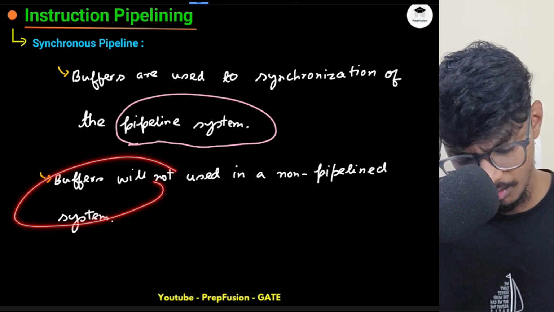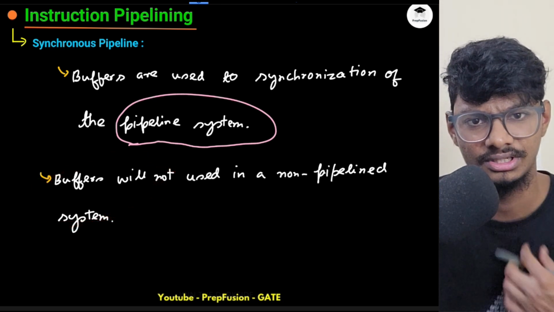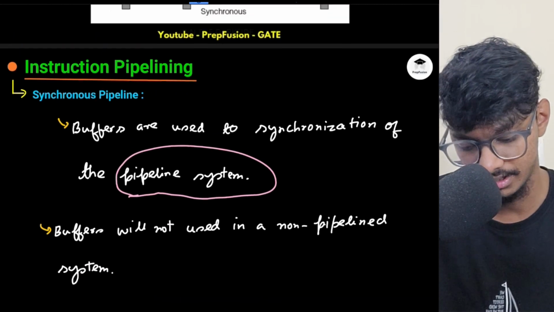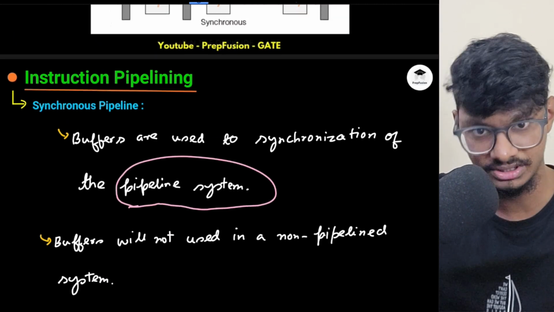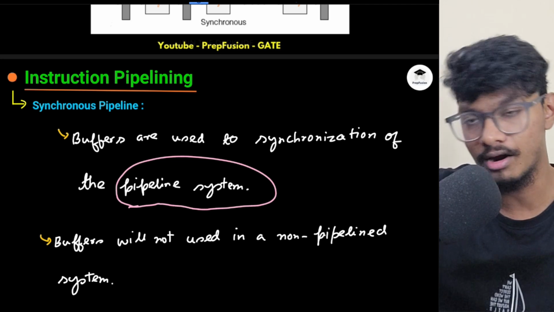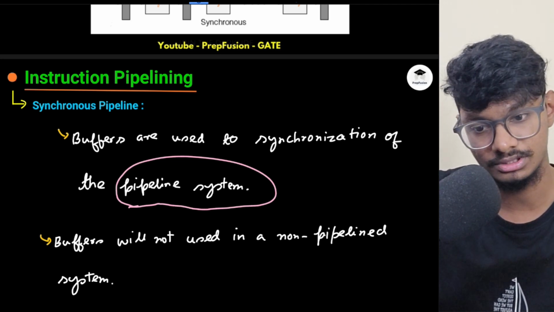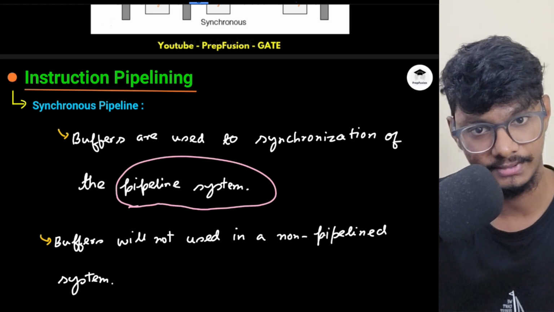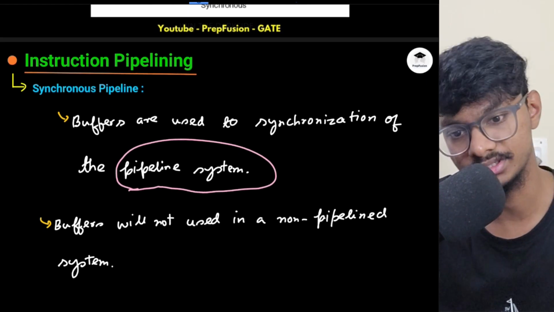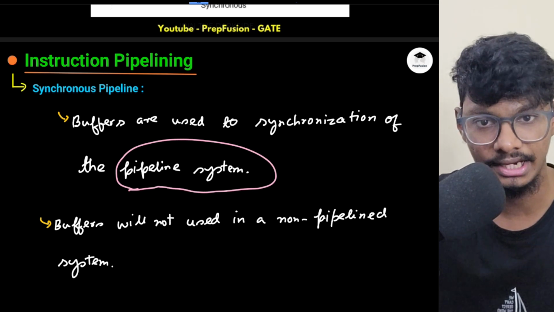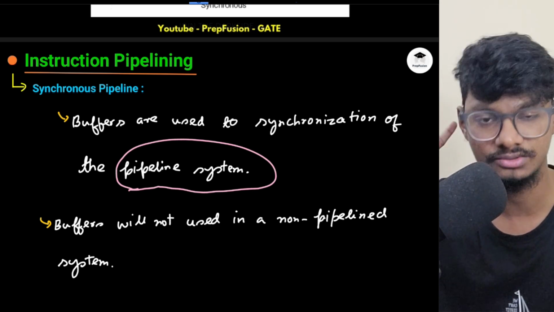But in a non-pipeline system, we don't need synchronization, because each task is operating separately. It doesn't happen that stage 1 is performing some task, and then at the next clock cycle stage 2 is performing some task while stage 1 is also performing some task. In a non-pipeline system, only one stage performs a task in a complete cycle. So it's okay.